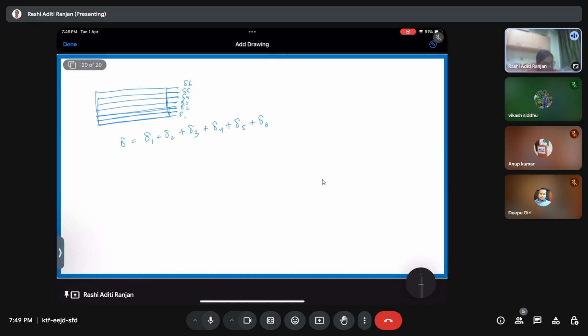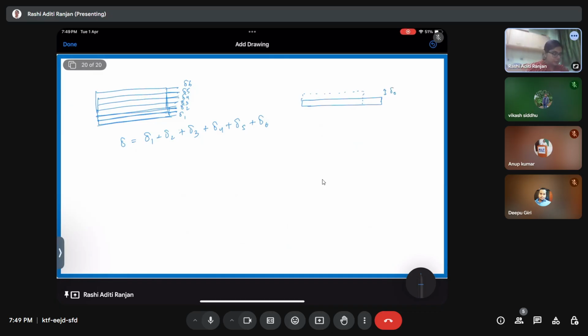Because you see, the first layer, it was something like this earlier. It became this. This is delta naught, right?